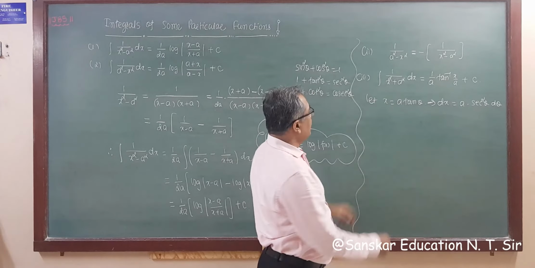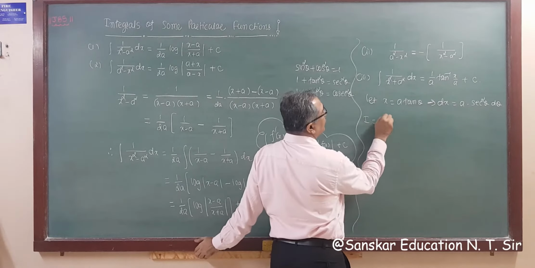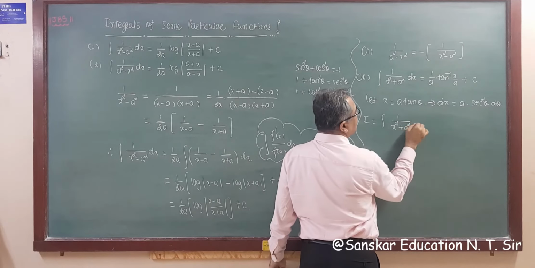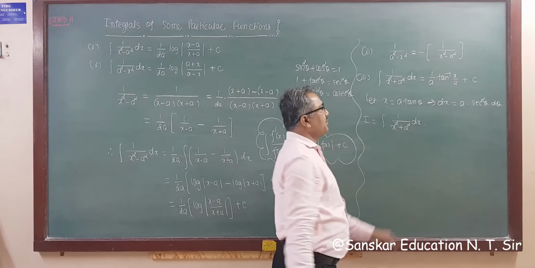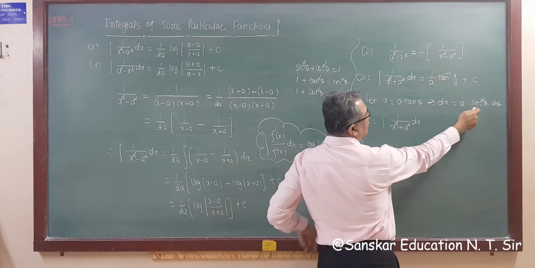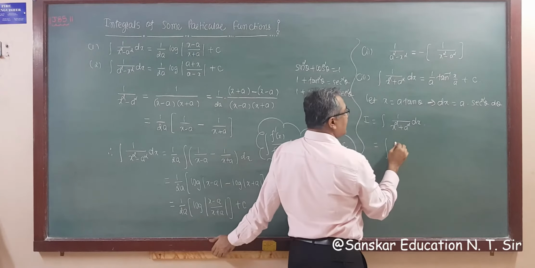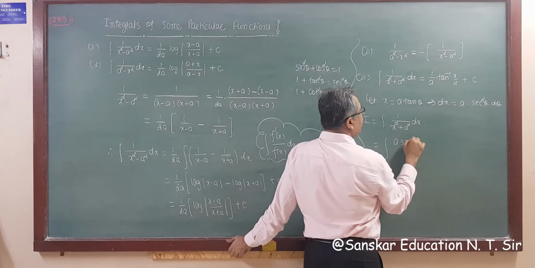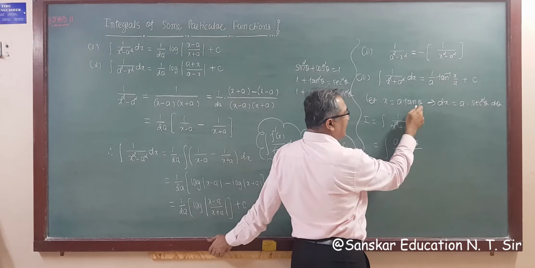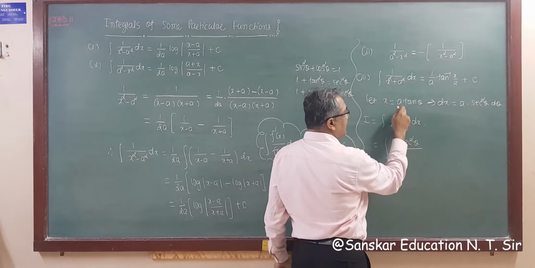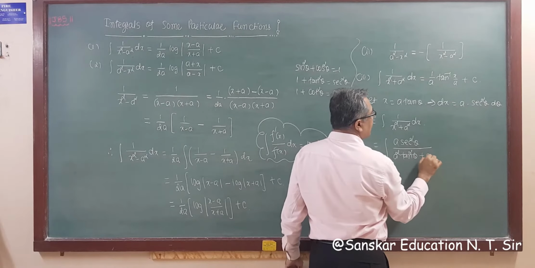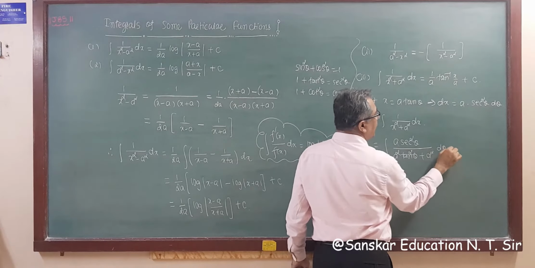So taking this, what we get? I is equal to integration 1 upon x square plus a square dx. Now substituting this value, x is equal to a tan theta and dx is equal to a sec square theta d theta. So this is a sec square theta d theta. x is a tan theta, so the square is a square tan square theta plus a square into d theta.